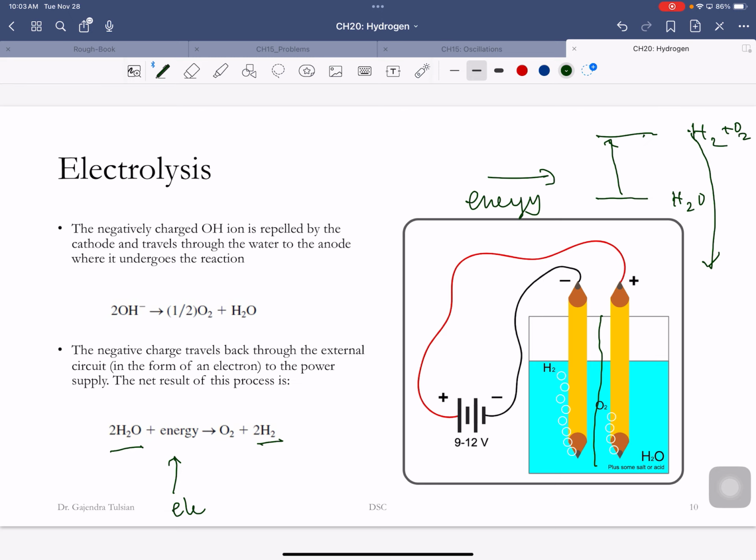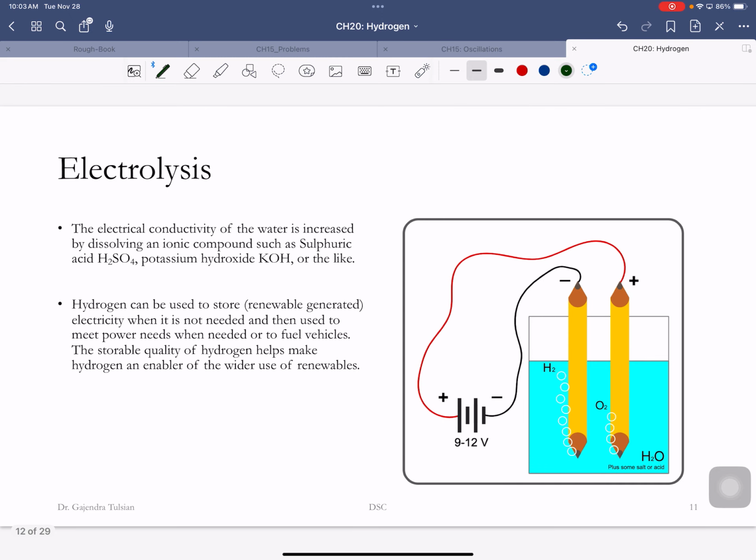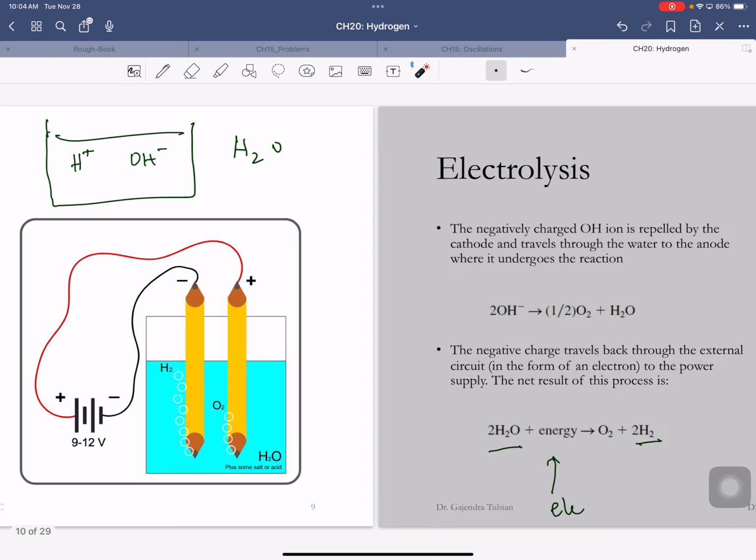And that's the idea. To enhance the process, the electrical conductivity of water is increased by dissolving an ionic compound such as sulfuric acid or potassium hydroxide. So you can mix sulfuric acid or potassium hydroxide to enhance the reaction, to have more of these ions.